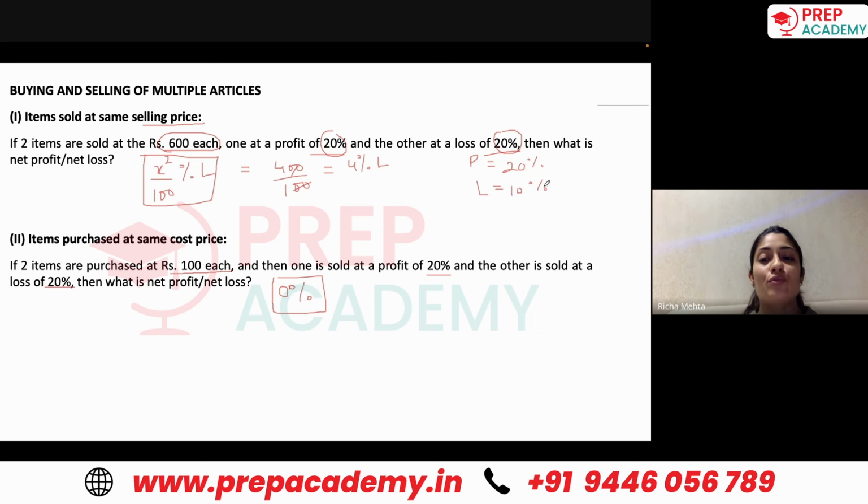Then what I will have to do is, for both the cases individually, find the cost price. Now, if you have selling price and if you have profit or loss percentage, how can you find the cost price? So selling price is equal to cost price into multiplier. So for the first case where the profit is 20%, can I say my multiplier will be 6 by 5?